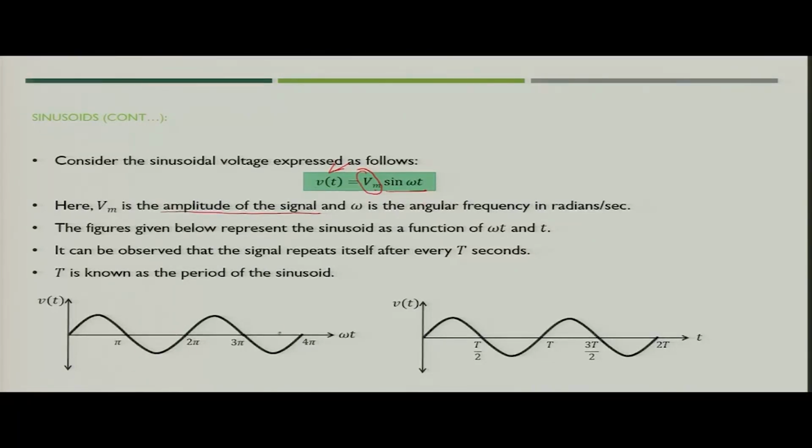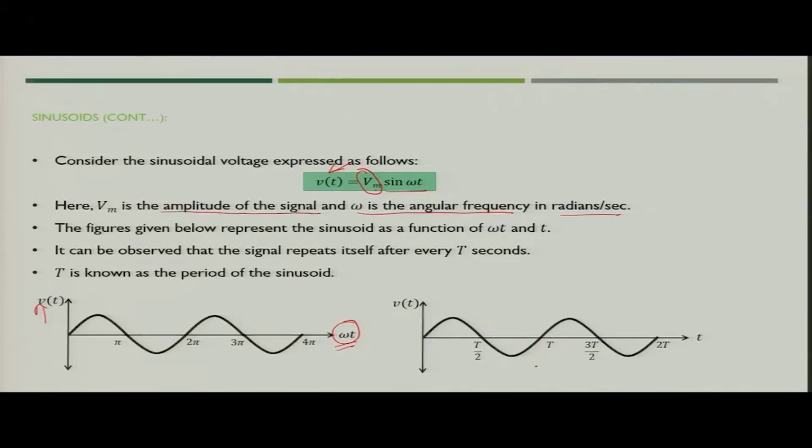Now, there are two figures given in the slide. In the first figure, the variation of the signal is with respect to omega t. Here, omega is called the angular frequency, measured in radians per second. In this figure, we find the amplitude of the voltage signal with respect to angle, because omega t is nothing but an angle.